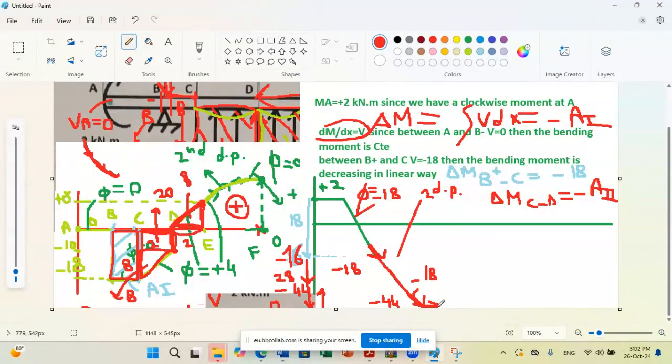We reach minus 36, and the slope at this point is plus 8. Now I will put the slopes with another color. So here we had a slope of minus 18, then we became a slope here of 0.